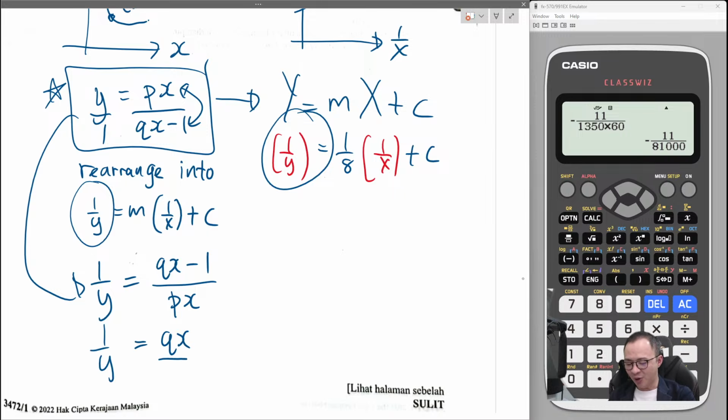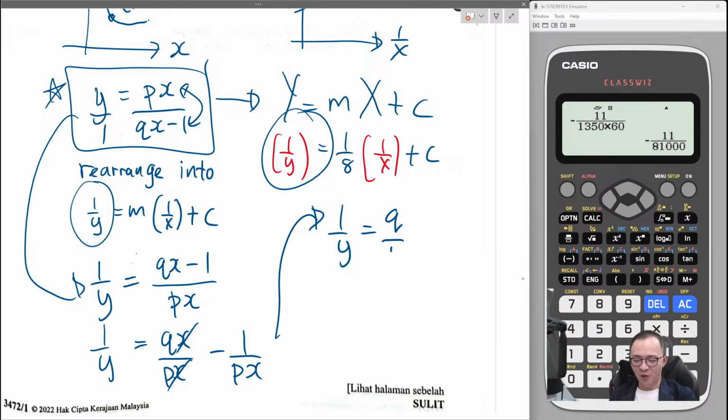Become qx over px minus 1 over px. X and x I can cut. Okay, I don't want to straight away do. I do super slow so the students can get it. This is q over p. Okay, here I haven't seen 1 over x. You might say, sir, I didn't see 1 over x. I see 1 over px, which is not what I want. I want 1 over x. How?